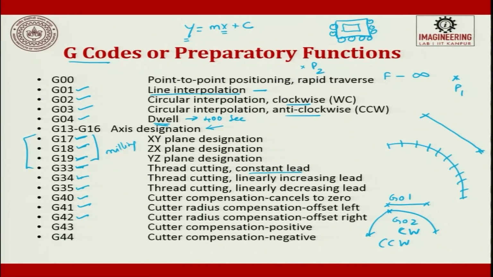Now let us assume I am doing a pocket inside. So is the component towards my right or towards my left? Depending upon that, we use cutter radius compensation on the left hand side or on the right hand side. And if you want to cancel that command, you go for G40. G43 is cutter compensation positive, G44 is cutter compensation negative.